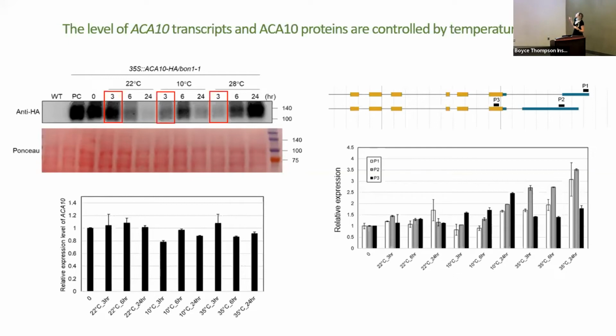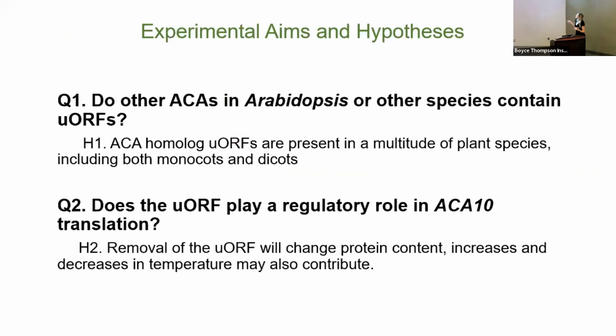I've used 3 different primers to target different areas of the transcript. Now, what you can see here is that with increases in temperature, the relative transcript level is actually increasing. This doesn't match what we found for the protein levels, which indicates that there might be some sort of post-transcriptional modification going on, hence why we have higher levels of transcript making lower levels of protein. So this does not relate specifically to the element of the uORF. This was just more general background research, which leads me to my experimental objectives.